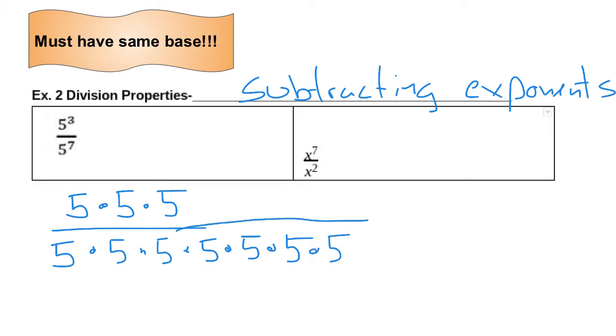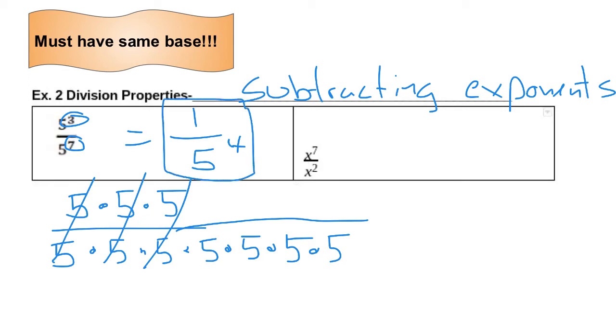Well, what's really going to happen here? If we use our cancellation, what that's going to leave us with is 1 over 5 to the 4th, which we could do a little bit simpler by just saying 7 minus 3 equals 4.